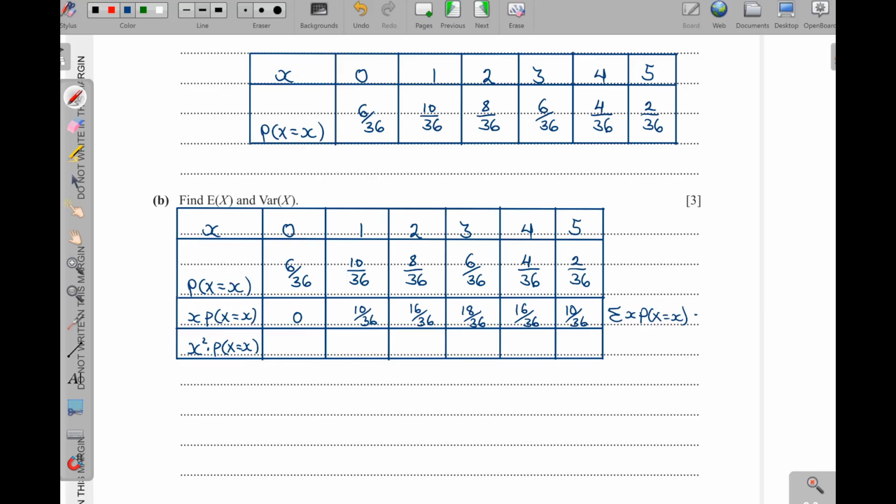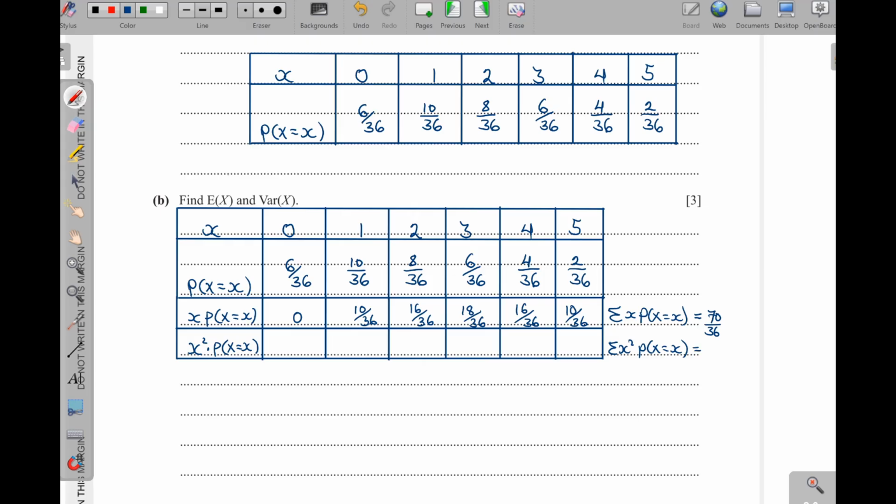What shall we get here? 16 plus 16, that is 32, plus 18, that will be 50. Then plus 10, 60, then 70. So this one gives me 70 out of 36. Then here we shall need the summation of x squared times probability of x is equal to x.